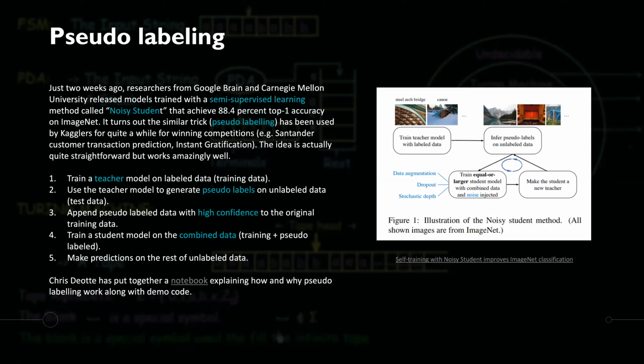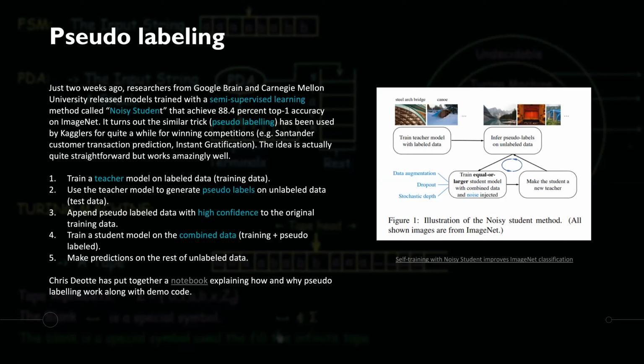The idea of pseudo labeling has been used by Kagglers for quite a while, at least for the past 2 years if I recall correctly, and it has helped Kagglers win quite a few competitions as well.